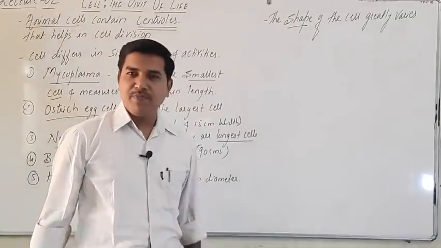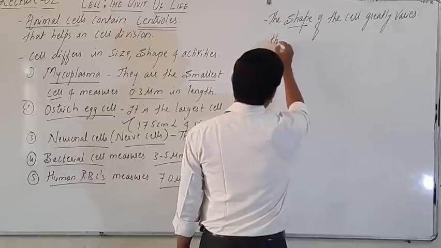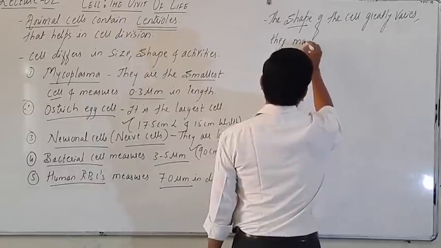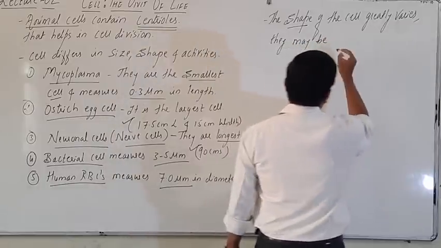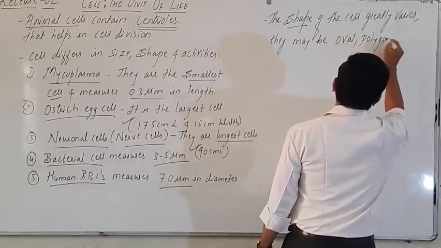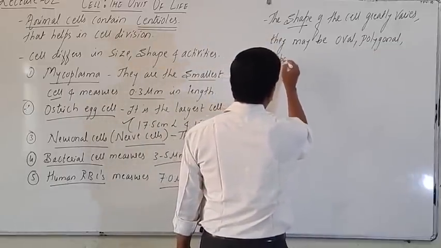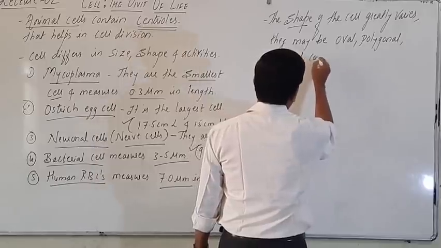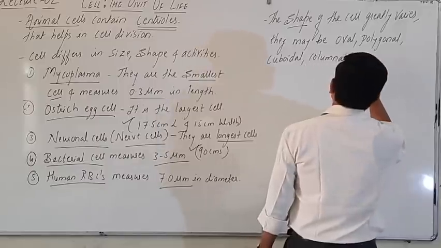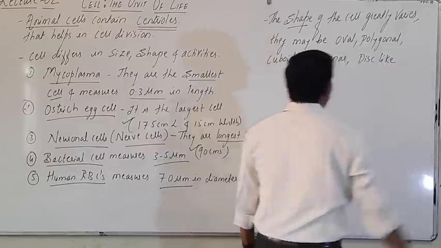How might it be? They may be oval, polygonal, cuboidal, columnar, disc-like, thread-like, or even irregular in shape.